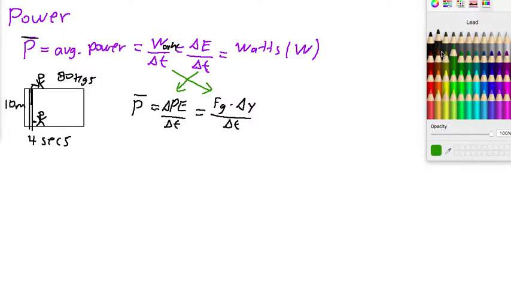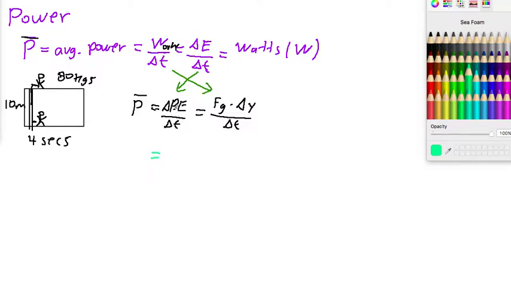So now let's go ahead and compute that, because remember, this is work. Before we move on, work is force times distance, right? Force of gravity that you were overcoming times the distance you moved. Now let's plug in numbers.